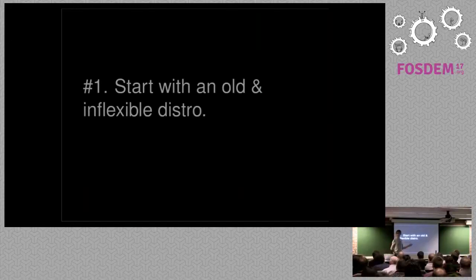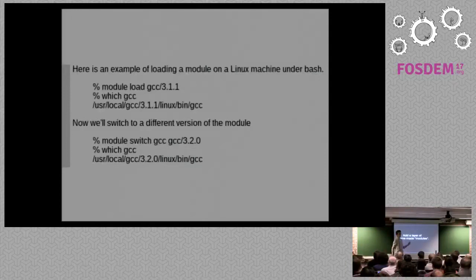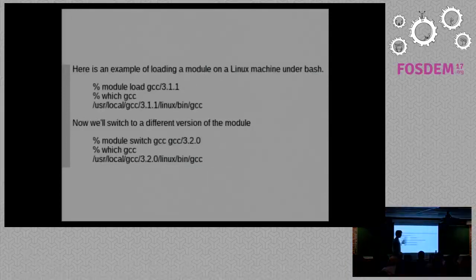So sysadmins have come up with solutions to try and improve on that situation. The main solution that we're seeing so far is to add a layer of homemade modules. If you're not familiar with modules, it's a set of commands that you can use from the shell, and you can say, okay, I want to load this specific package like GCC at that version.